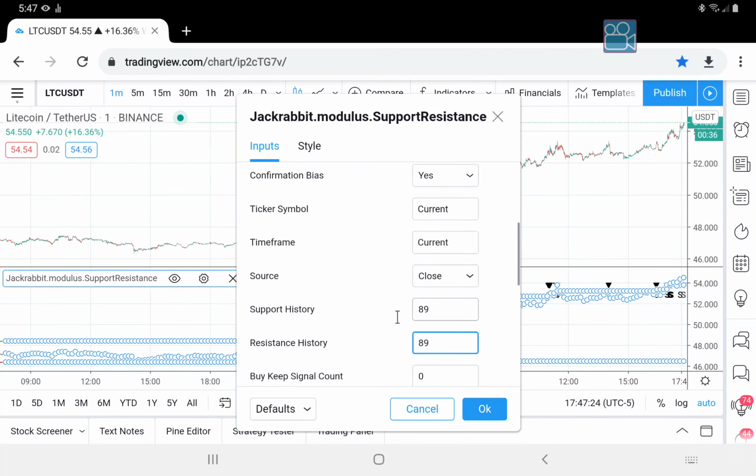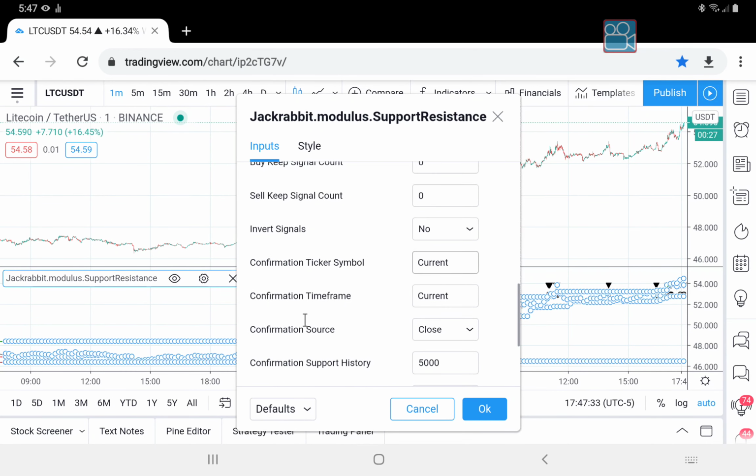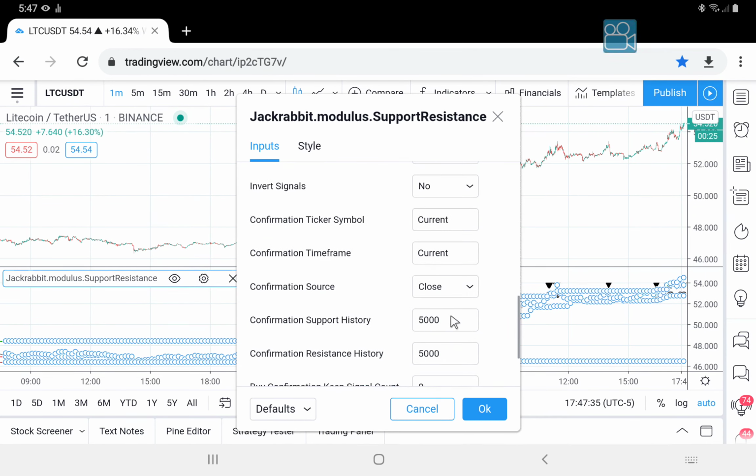For the primary support and resistance, I'm going to use a look back history of 89. For the confirmation support and resistance, I'm going to use a look back of 987. Both are Fibonacci numbers.